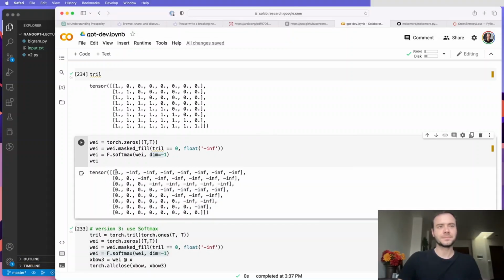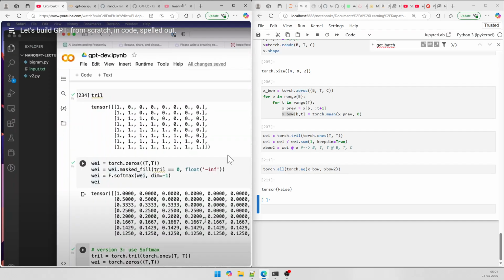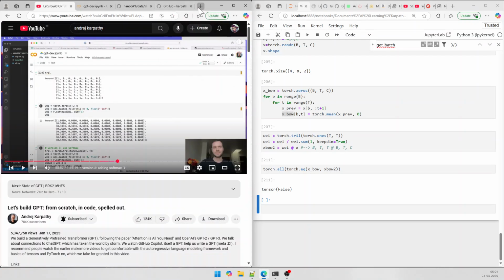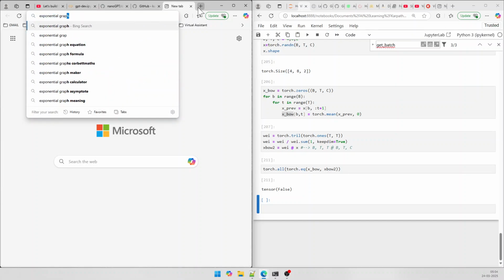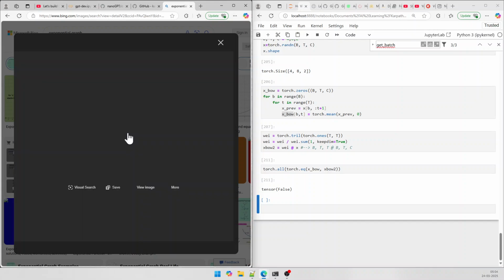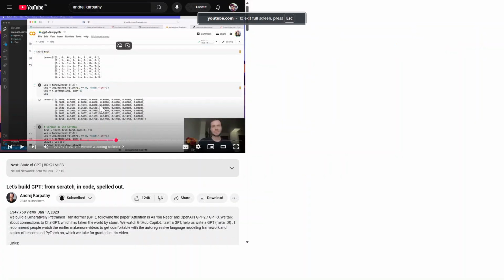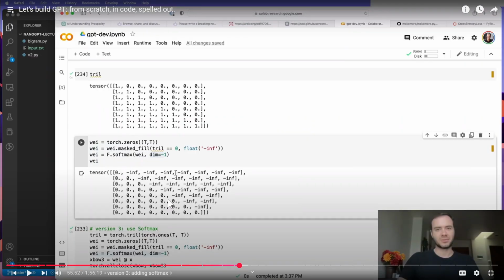Well, softmax is also like a normalization operation, right?